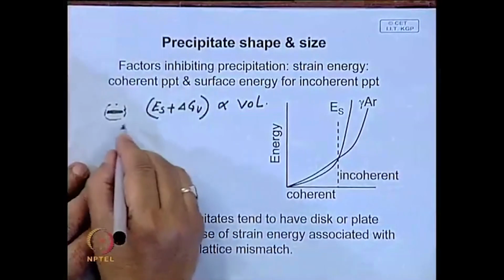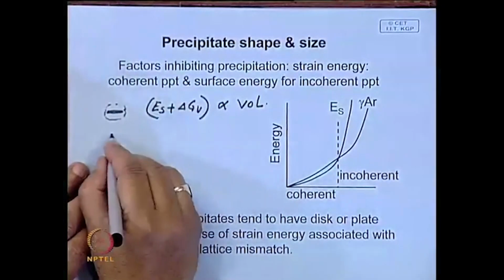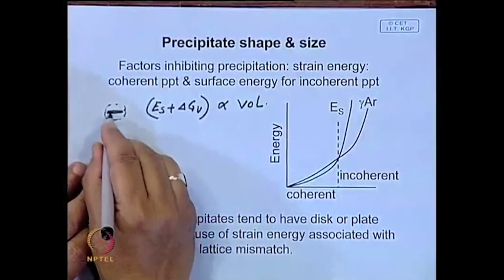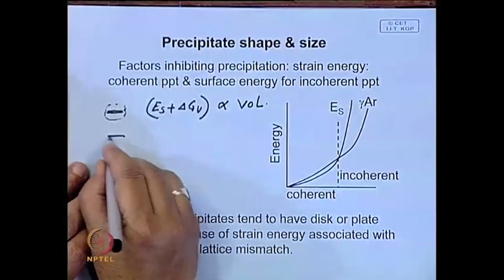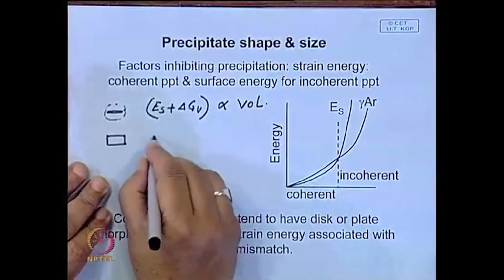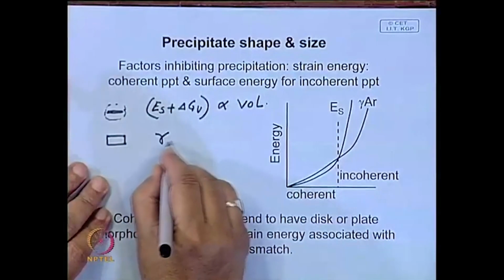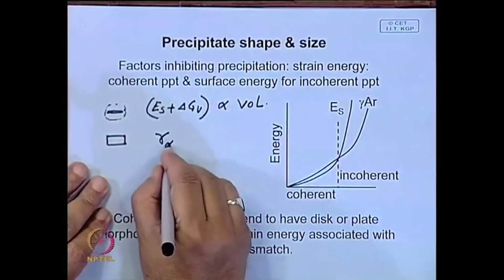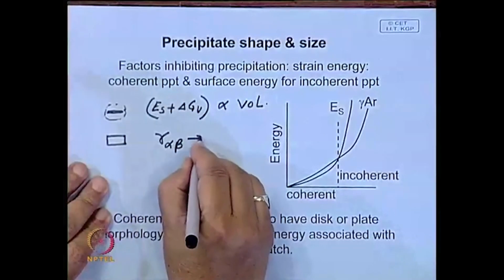And secondly, the opposing factor is whenever an incoherent precipitate forms, this has a high gamma, this is high.